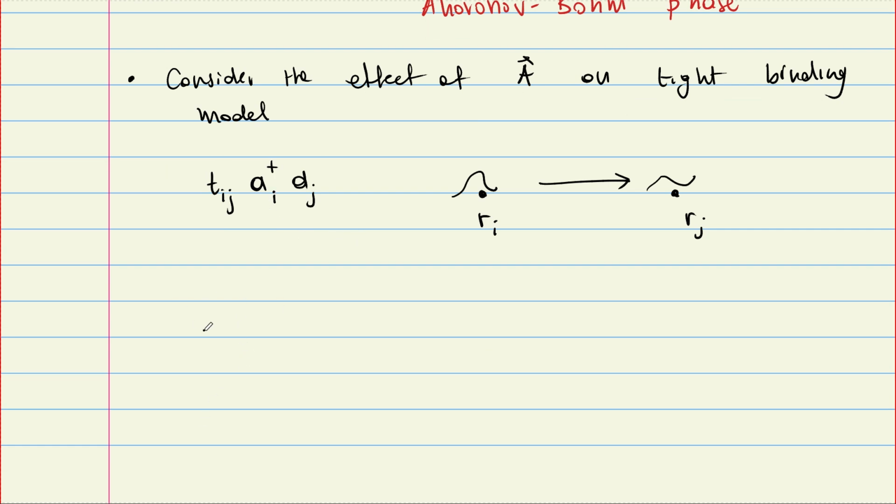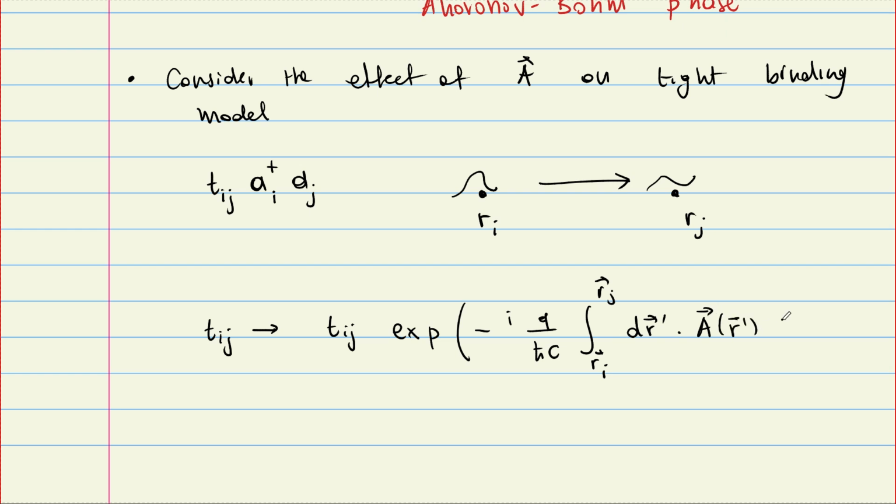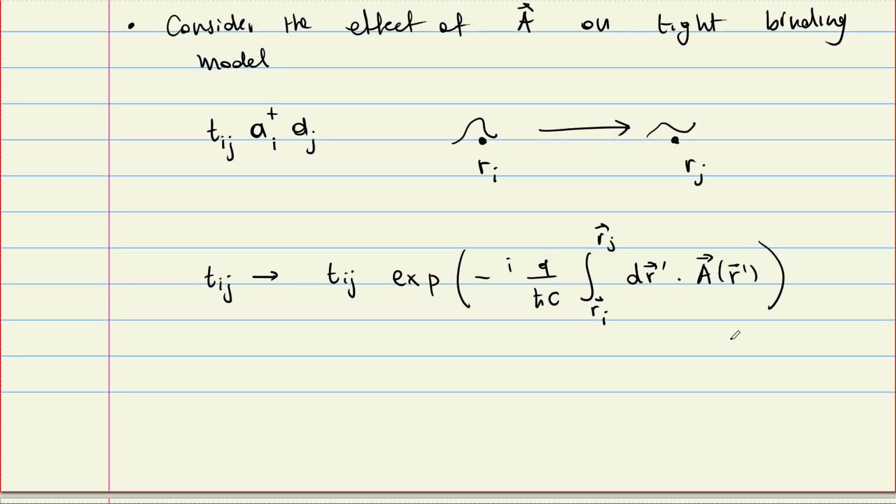In the presence of magnetic field, what we need to do is Tij should go to Tij times exponential minus I q over h bar c integral from Ri to Rj, dr prime dot a of r prime, and this thing is called Peierls substitution.